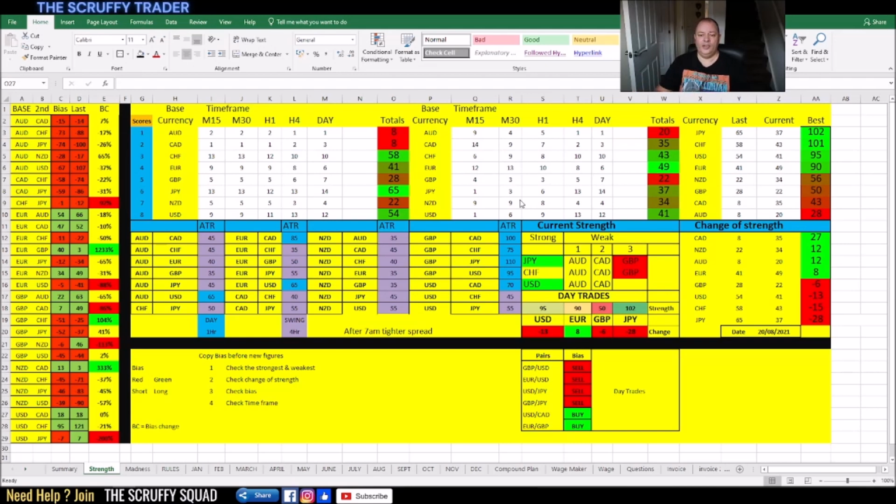What's going to happen each morning, I will chop this section out, post it up for the guys as normal, and then in the rogue tab of the Discord, I will put the entire sheet, and then you'll be able to see what the biases are for the day, and if you are day trading, what my biases are, whether I'm selling or buying on that day. Okay, and there you go.